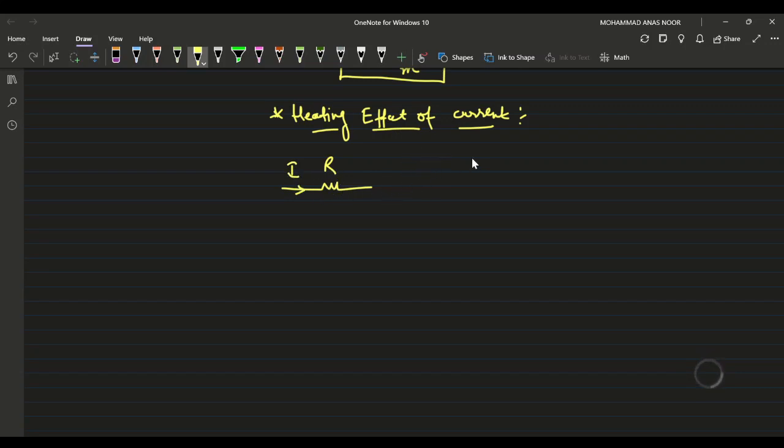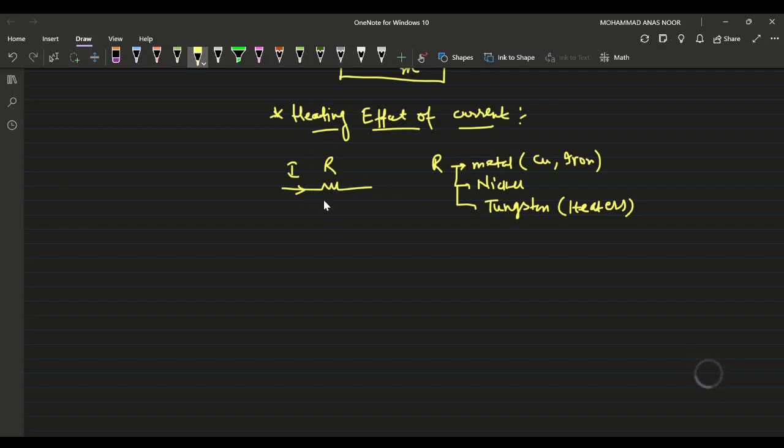Depending on the type of resistance, whether it is a metal like copper or iron, or some nickel, or some tungsten type material which is used in heaters, these are all some types of resistances, some materials.